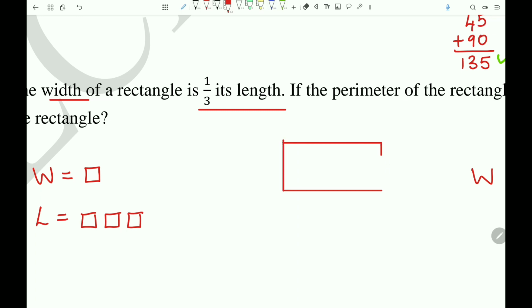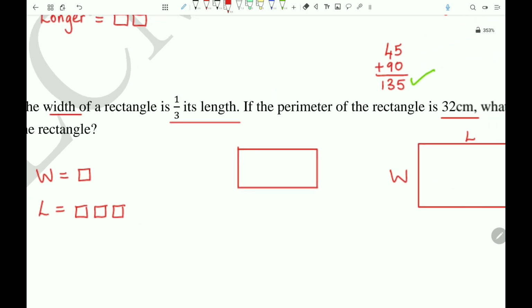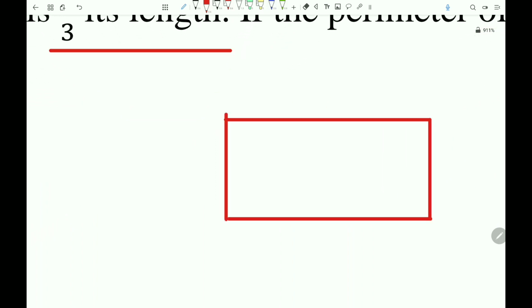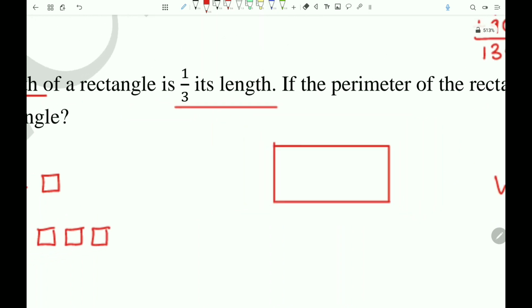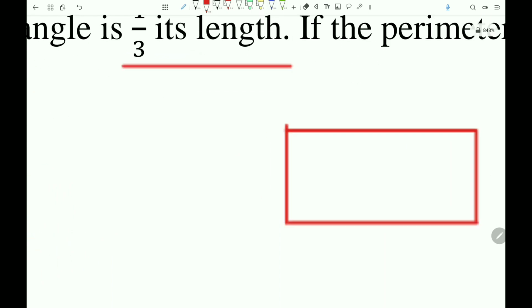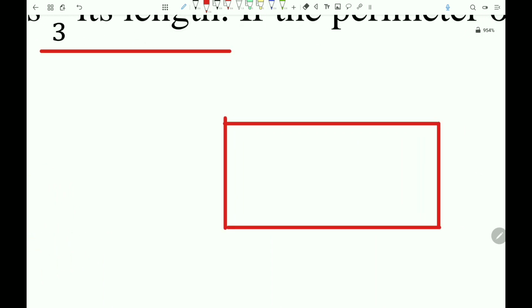So now it says the perimeter of the rectangle is 32 centimeters. So I'm going to do this little diagram here, and what I'm going to do is fill in the lengths with boxes. This will help us count how many boxes there are in total.